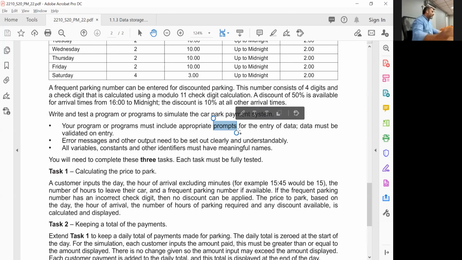A prompt is something which actually makes you enter the data.